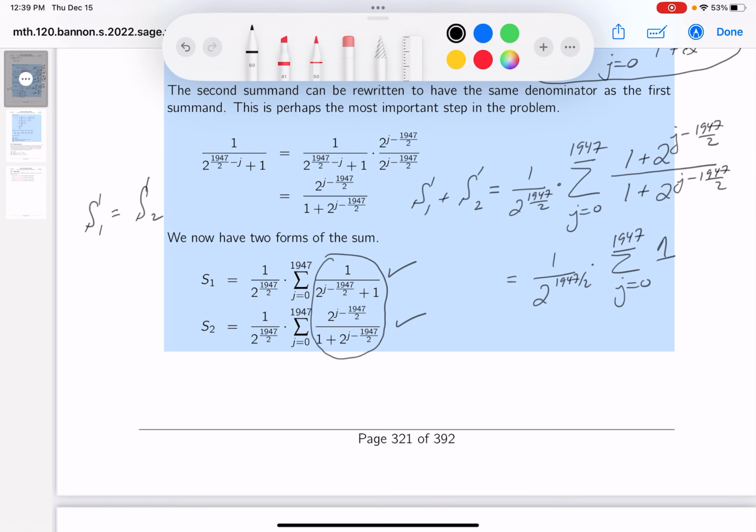I have 1,948 terms of the number 1. And that's going to be pretty simple to write down. If there's 1,948 ones, there's 1,948 over 2 to the 1947 over 2. But this is S1 plus S2.